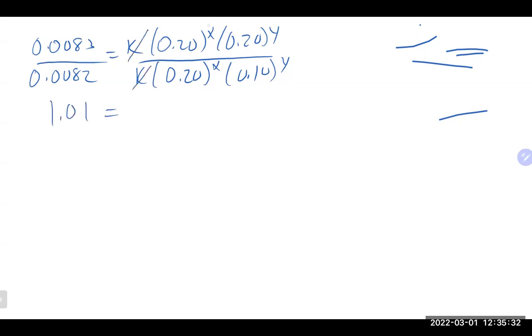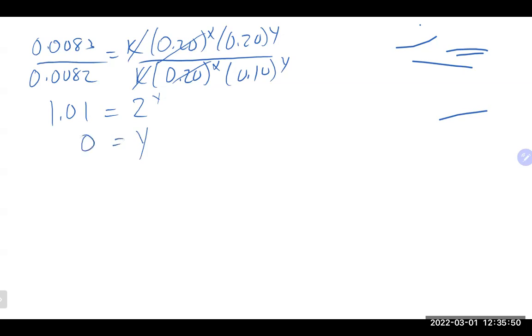Again, these guys are going to cancel. Those are going to cancel, going to give us 2 to the Y in this case. In this case, 2 to the Y, Y should equal 0, right?